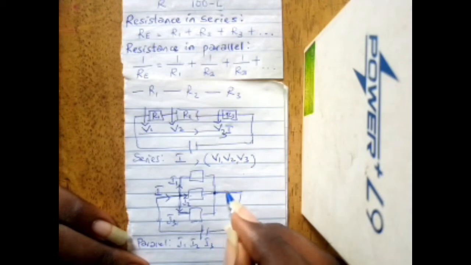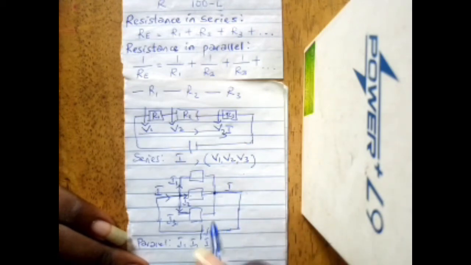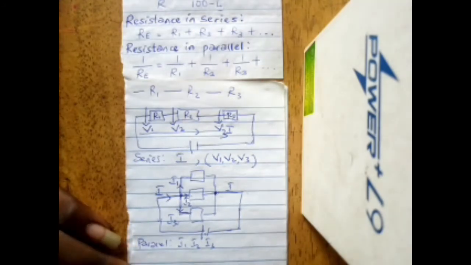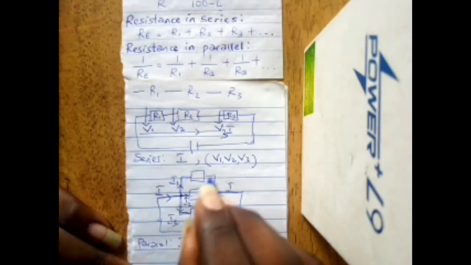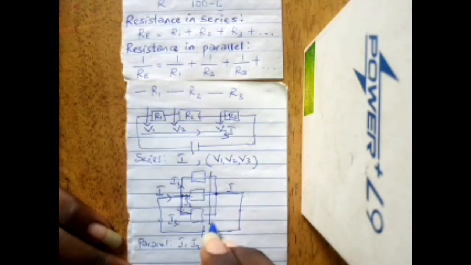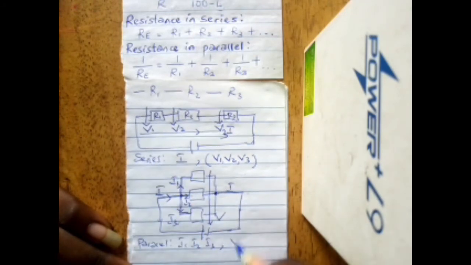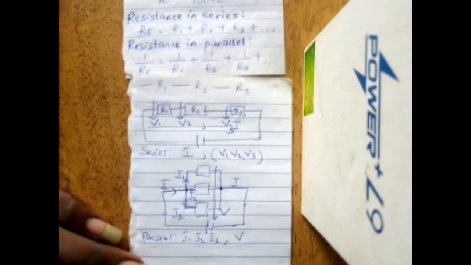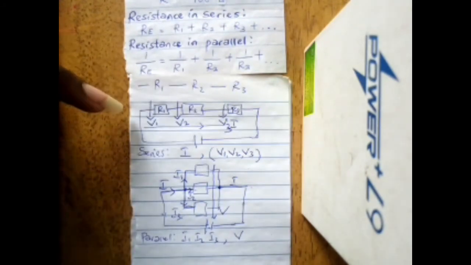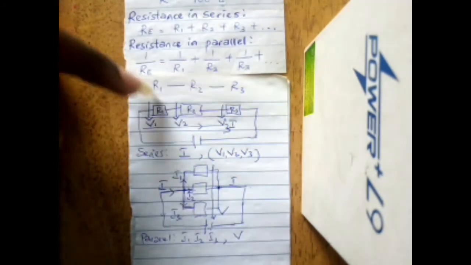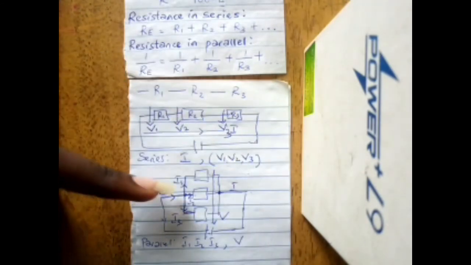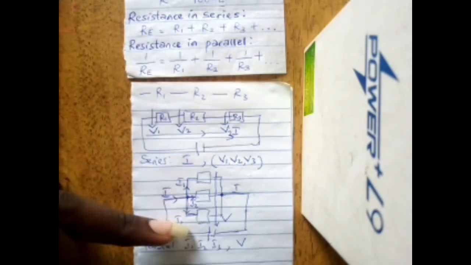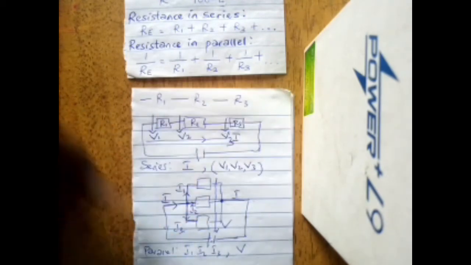They join together and go back to the source as I. So for resistances connected in parallel, you have different currents flowing through them, but they have the same voltage drop V. For series connection, you have the same current, different voltage drops. For parallel connections, you have different currents, but the same voltage drop.